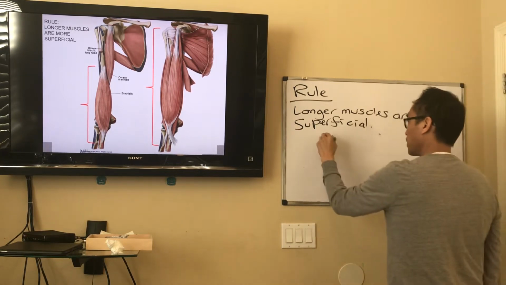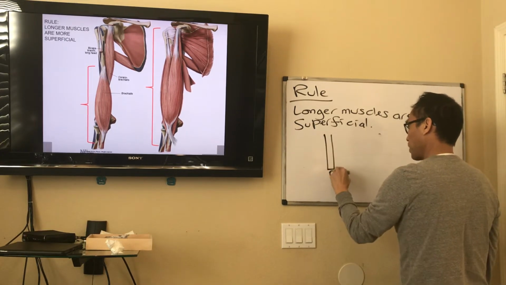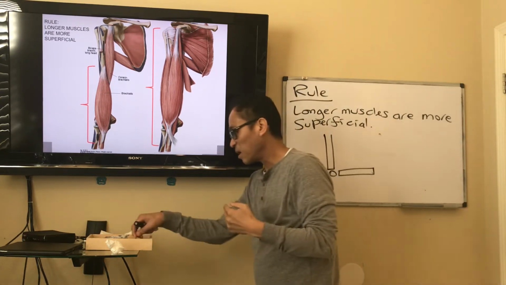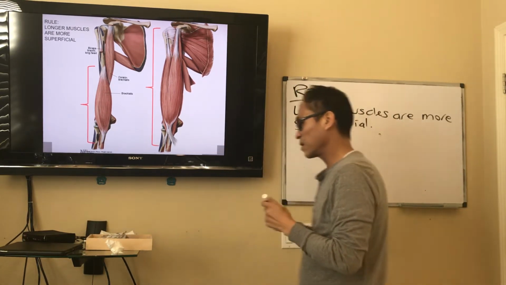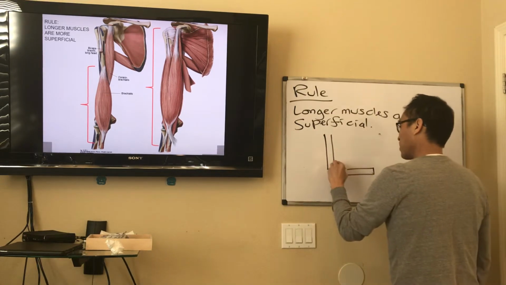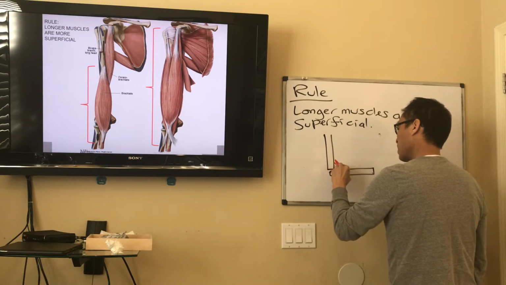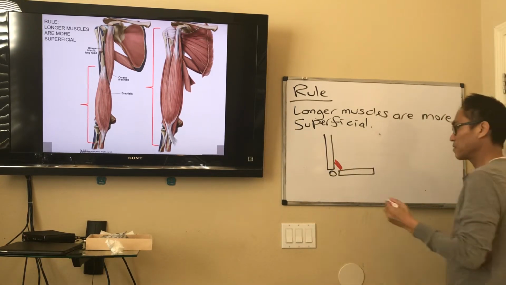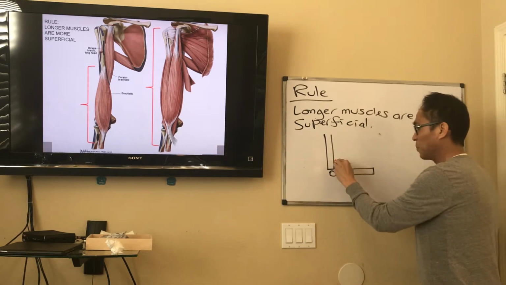For example, let's say you've got your classic hinge joint, and you have muscles that cross that joint. Let's say this muscle crosses the joint just like that. Let's say that's the deeper muscle.